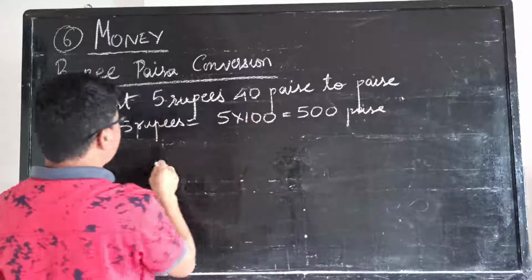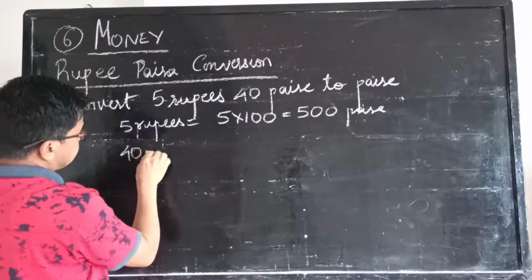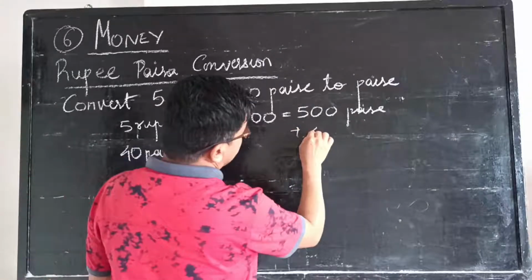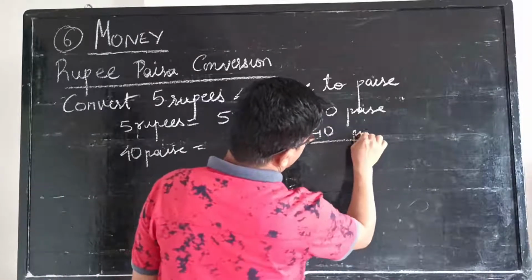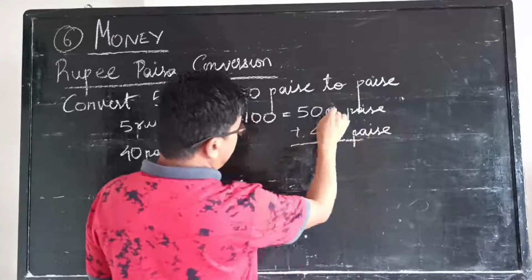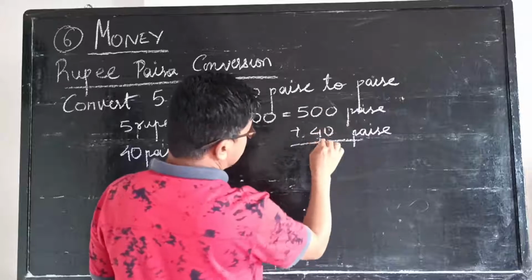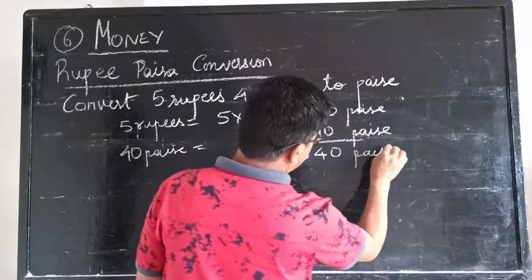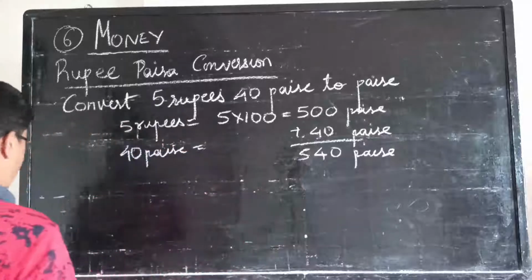And we also have 40 paise, so we add plus 40 paise. 0 plus 0 is 0, 0 plus 4 is 4, 5 is 5, so 540 paise.